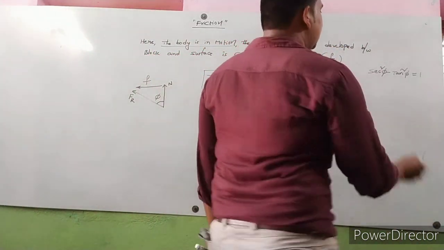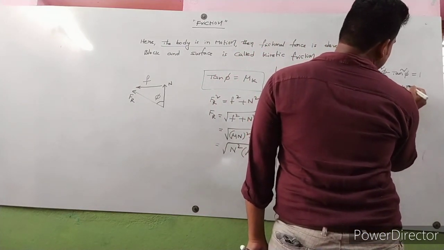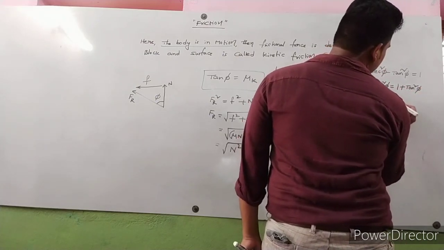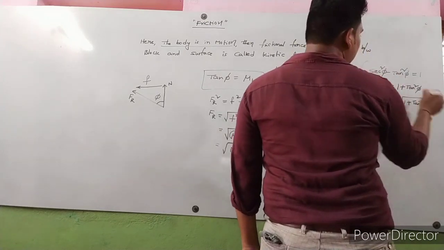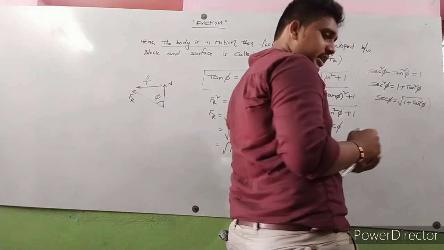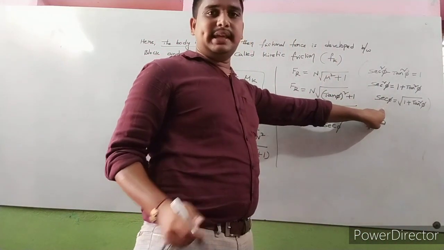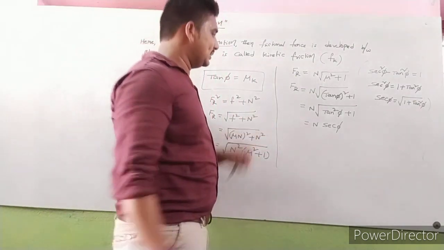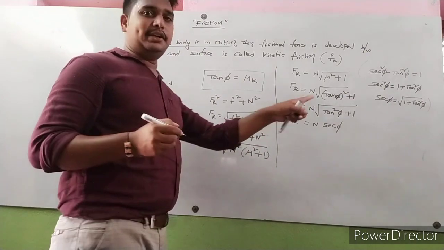So secant square φ is equal to 1 plus tan square φ. Then secant φ is equal to square root of 1 plus tan square φ. So finally we got FR is equal to N into secant φ.